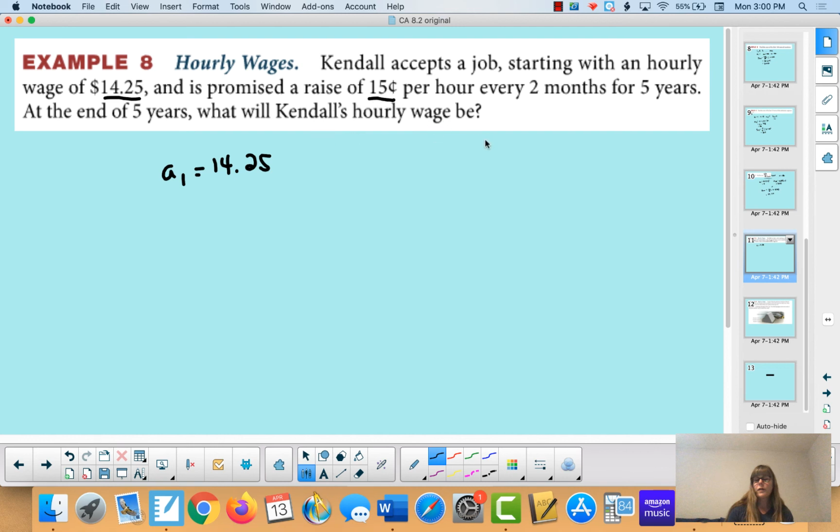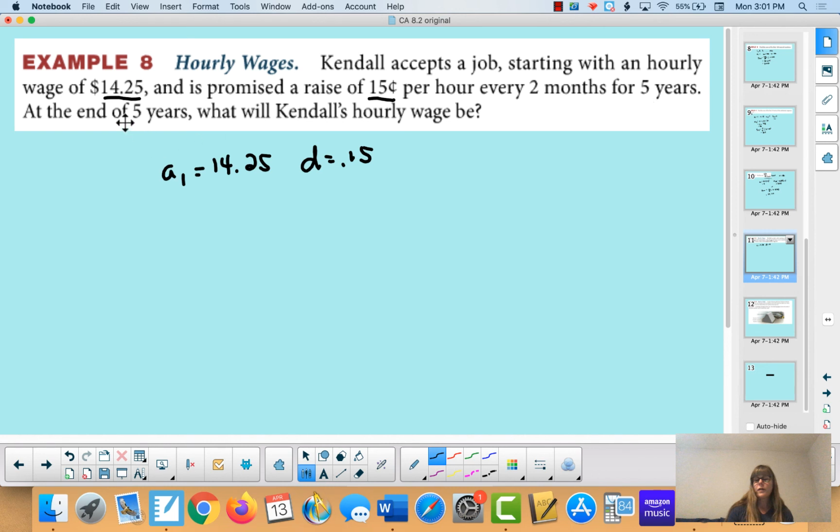So each term represents Kendall's wages. Our common difference is 0.15. So Kendall starts off at $14.25, and in 2 months we'll add 15 cents to that to get her next hourly wage.